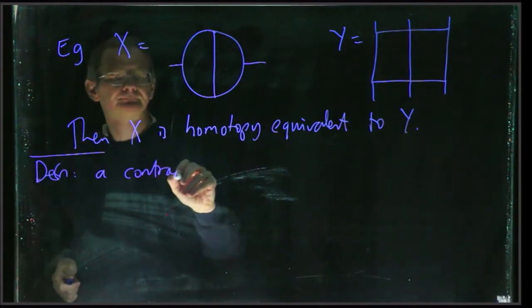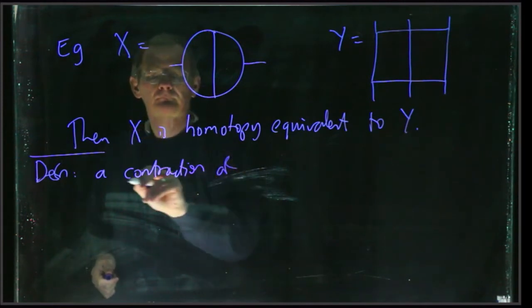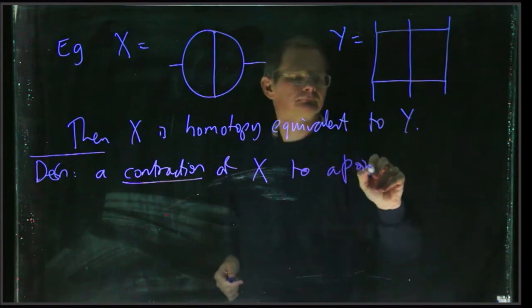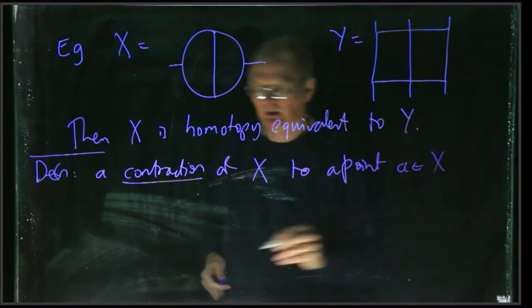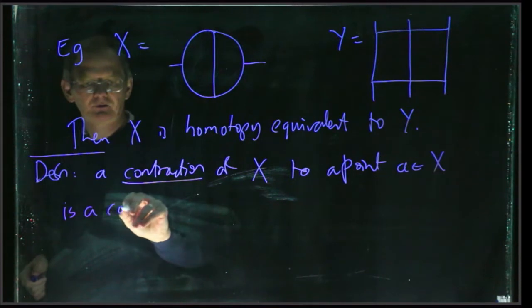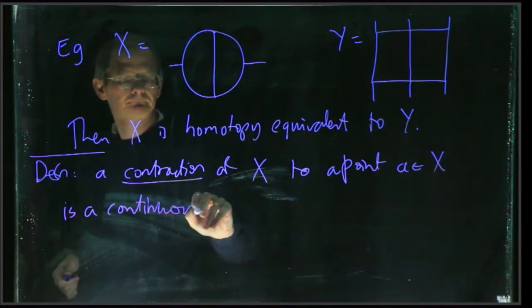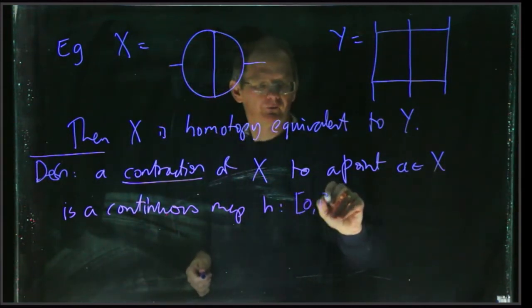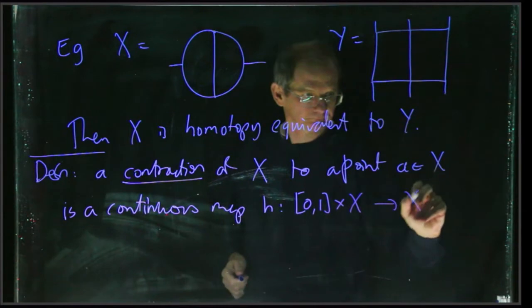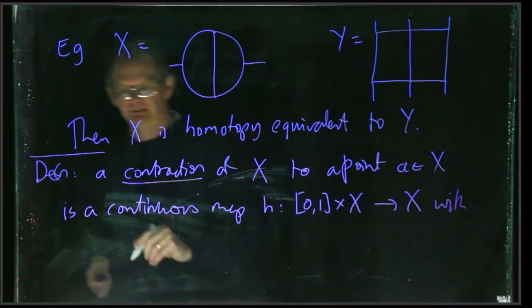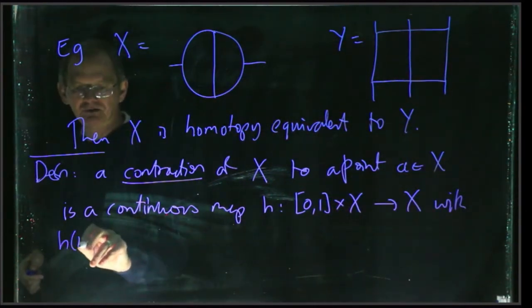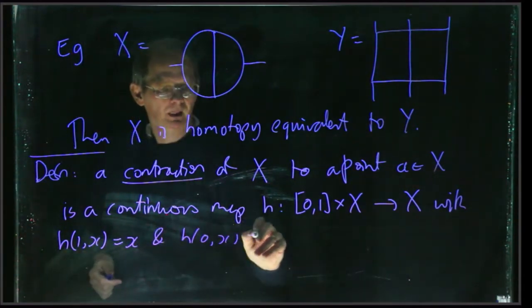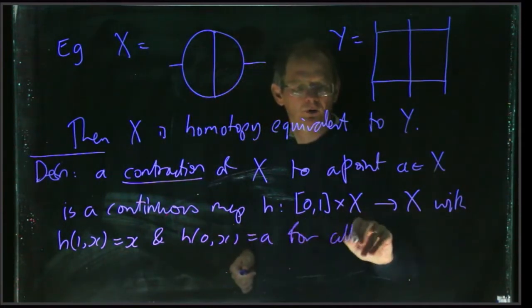By a contraction of X to a point A in X, we mean a continuous map H from [0,1] cross X to X with H of 1, x equal to x and H of 0, x equal to A for all x.